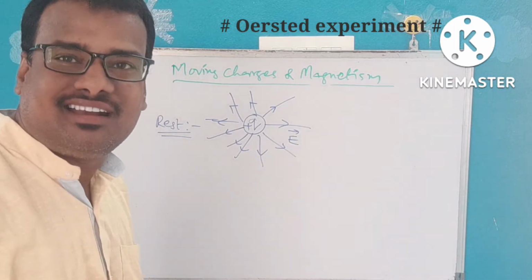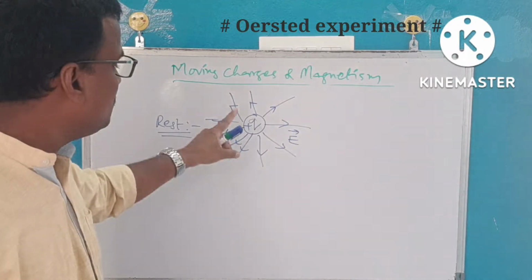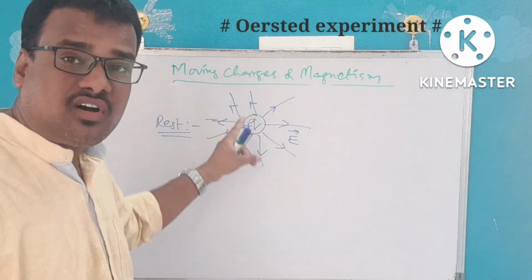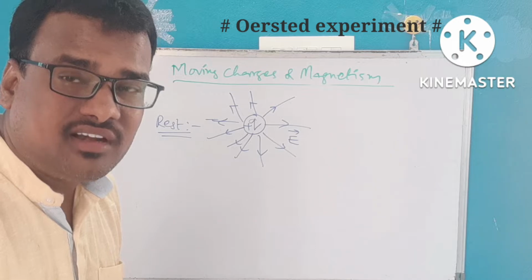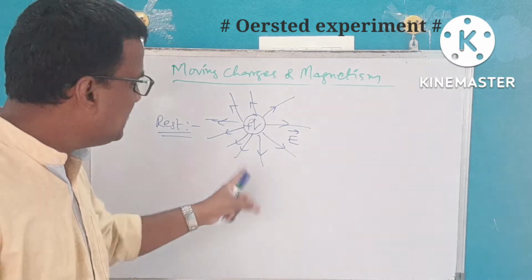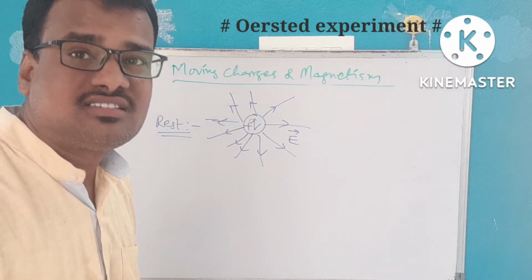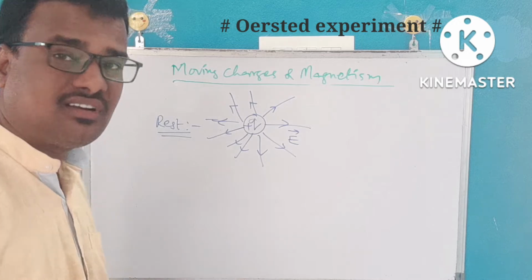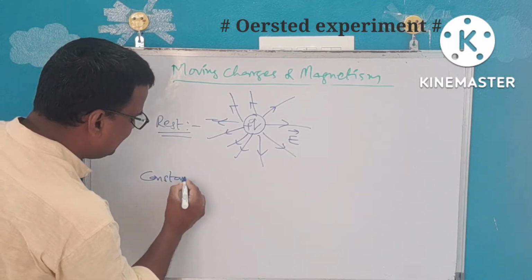If the charge is at rest, either positive or negative, it produces an electric field in its surroundings. But if the charge is moving with constant velocity, that means the charge is in motion.